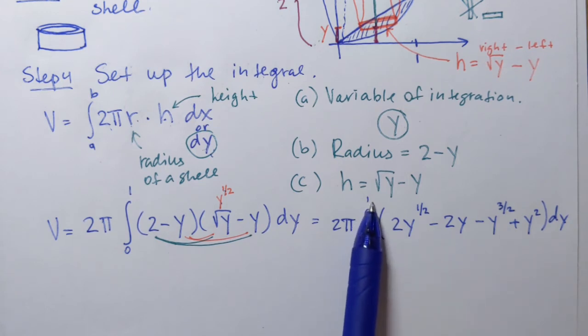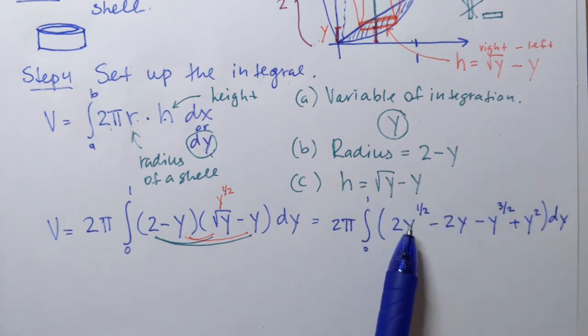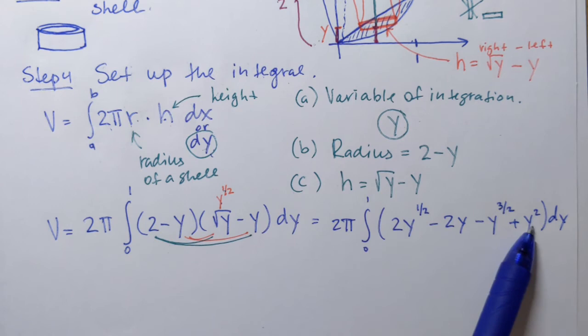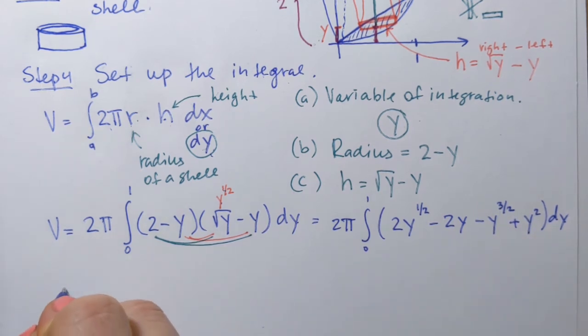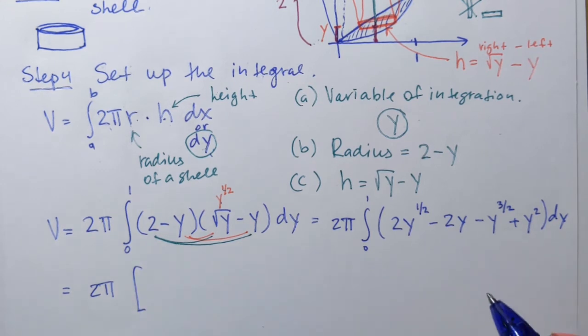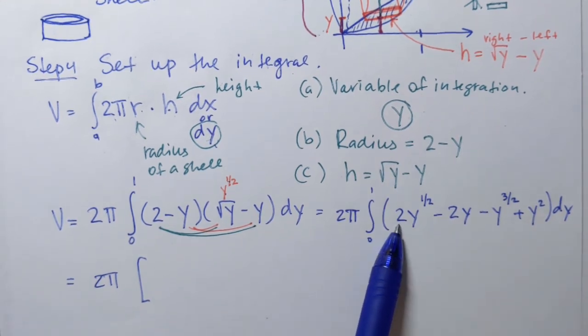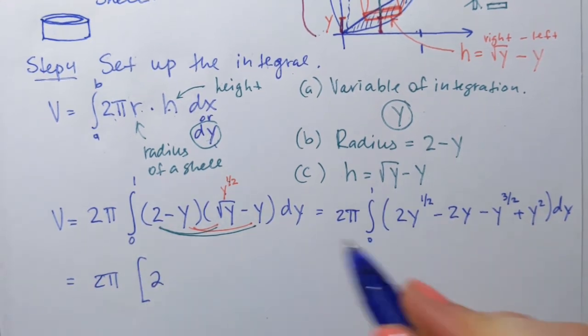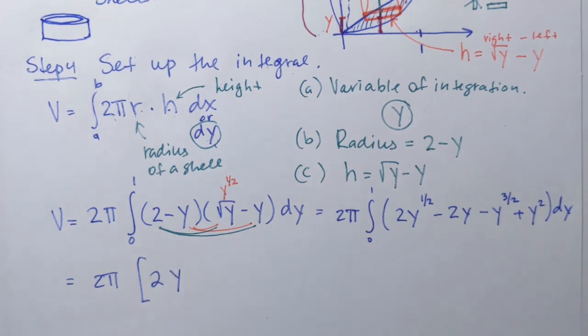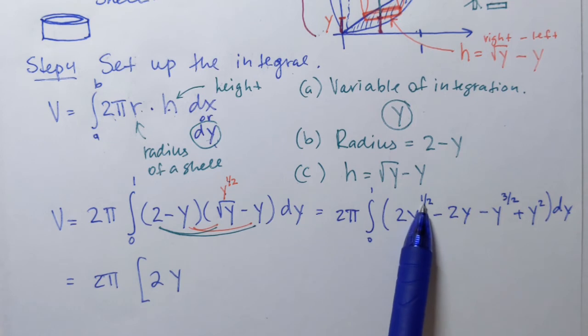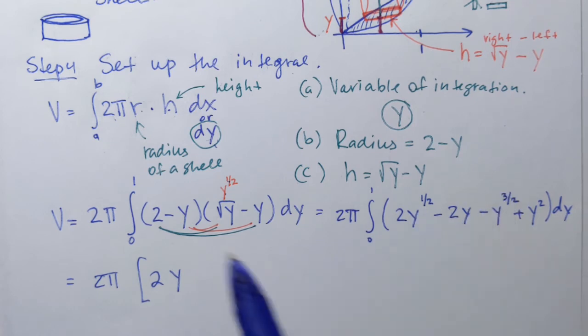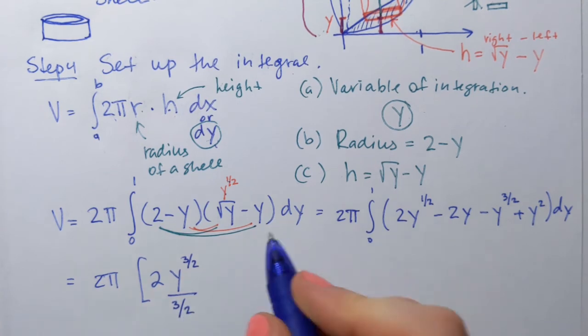So once you multiplied out the expressions, then you have a sum or difference of terms, and we know that to integrate that, we just simply integrate each term. And we'll use the same rule for all of them. So it's 2 pi. So we'll have to adjust the powers, right? So it's 2 times y to the power. Remember, we have to add 1 and divide by that number. 1/2 plus 1 is 3/2. And I'm dividing by 3/2.